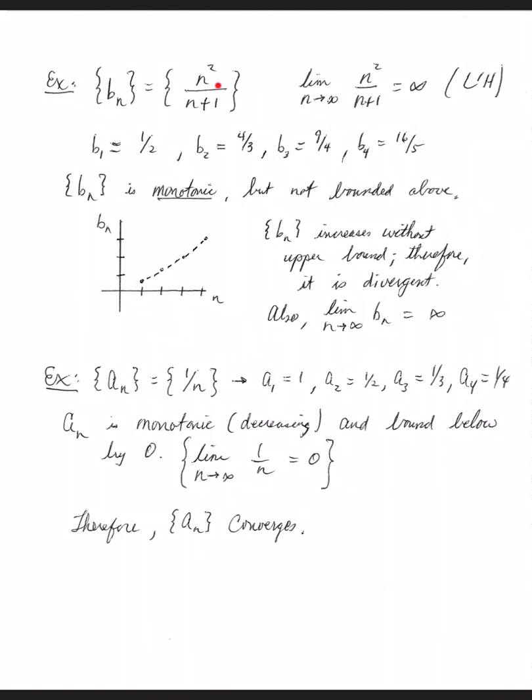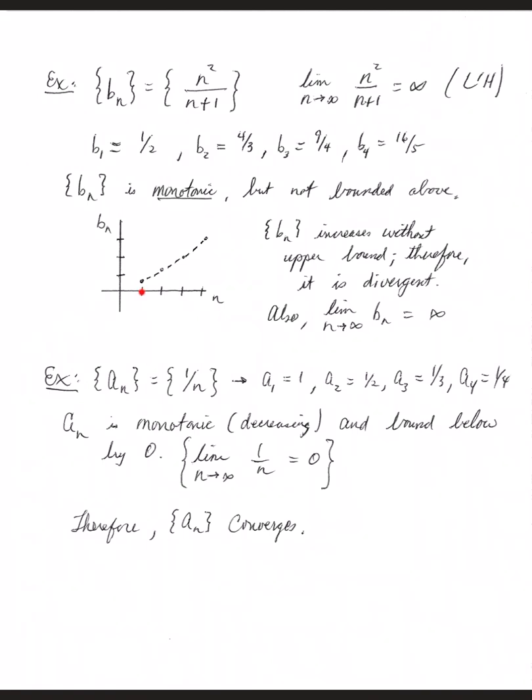Writing out the first 4 terms of this sequence, b sub 1 is a half. That's 1 squared over 2. b sub 2, that's 4 over 3. b sub 3 is 9 over 4. And finally, b sub 4 is 16 over 5. Let's plot these values.